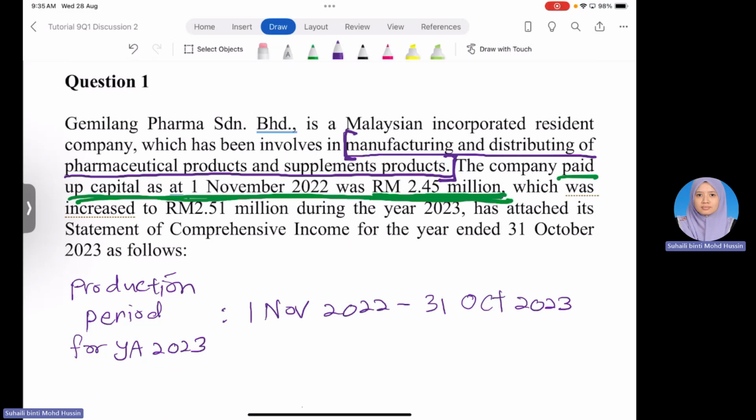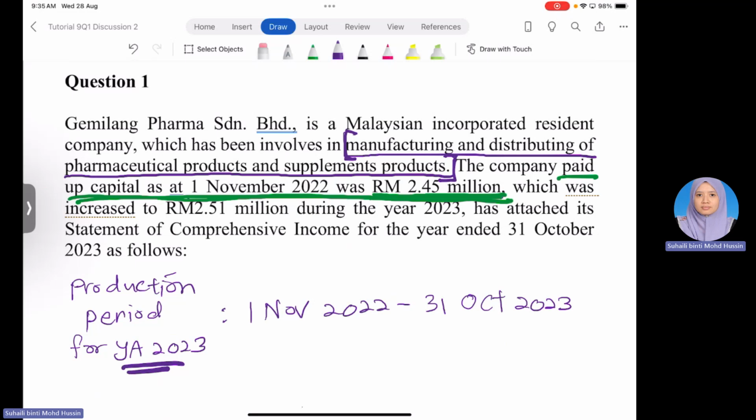Second thing, you have to check the accounting period of the company. Why do we check the accounting period? To know whether it is incurred in the production period or not. The accounting period for the company for the year of assessment 2023 begins on 1st November 2022 and ends after 12 months, on 31st October 2023.